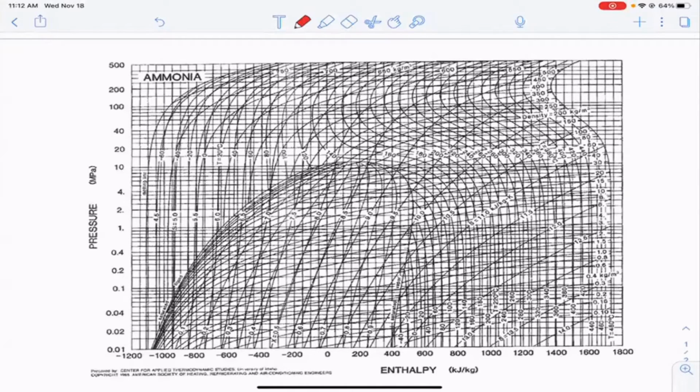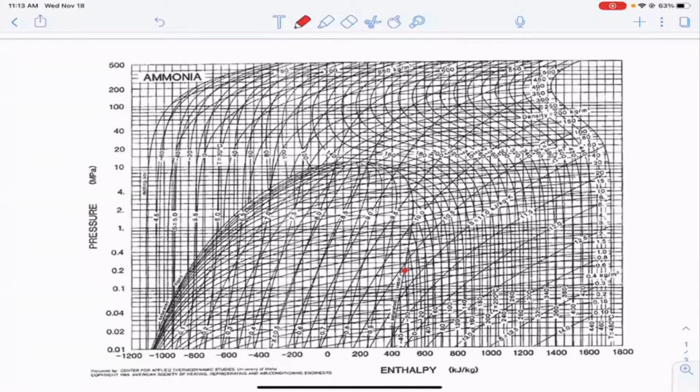So let's find those on this diagram. And I know that it looks like a big mess of numbers. So for -20, we could either start here and go down and across, or we know that -20 is going to be here, and it's right there. And so all we need to do is follow the line from -20 up to the point that it intersects the saturated vapor line.